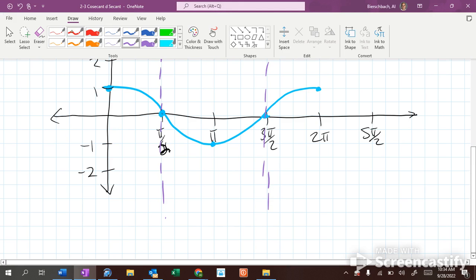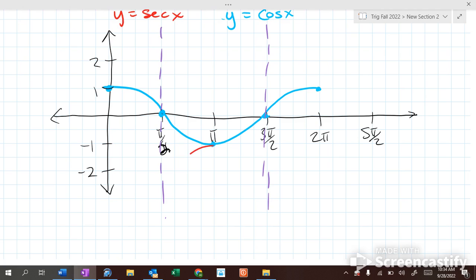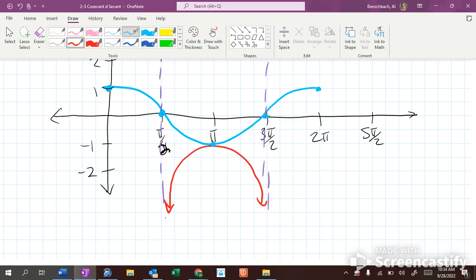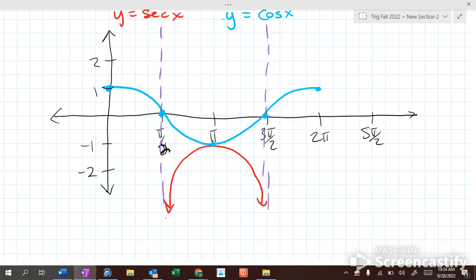So if I graph secant, it's kind of going to be a parabola that goes down like this. You're getting close to your asymptote lines without crossing them. But now I only have half of a curve. So what I should do with cosine is extend it to 5 pi over 2.